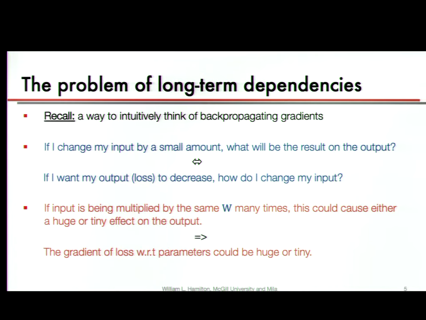That's basically the intuition of computing derivatives. We're saying, if I change my input, how do my different parameter values impact my output and my loss? But if we have the same thing being multiplied by itself all the time, this means that little changes at the input can lead to big changes at the output. It makes it really unstable for computing losses.